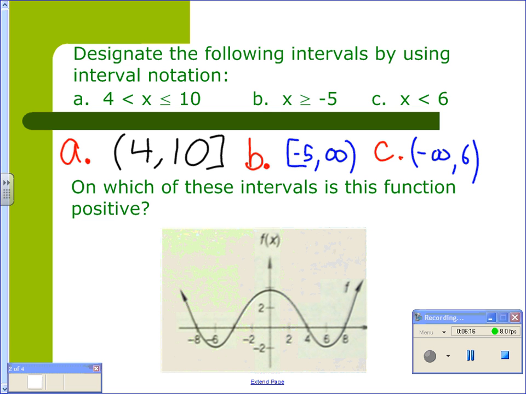Is 6 included in this one? So that's why it's a parentheses, not a bracket. The infinity? Okay. If you draw it on a number line, 6 is here. Which way is it going to go? It's going to go. I do my infinities like that because whenever I learned it, I was writing my 8s like that.